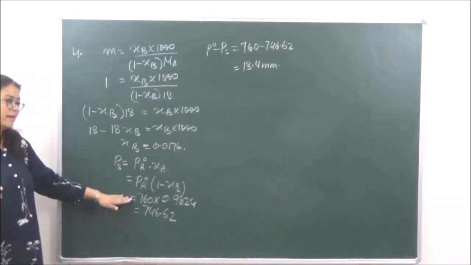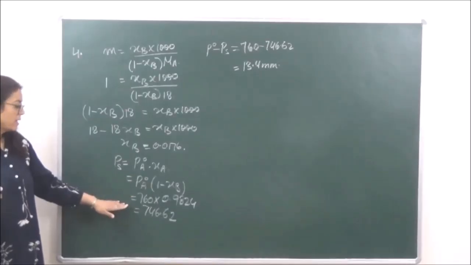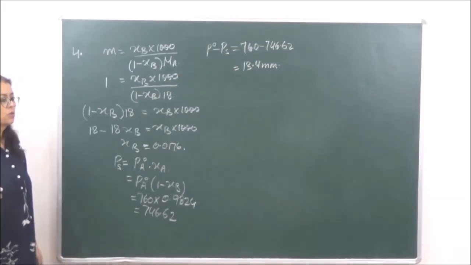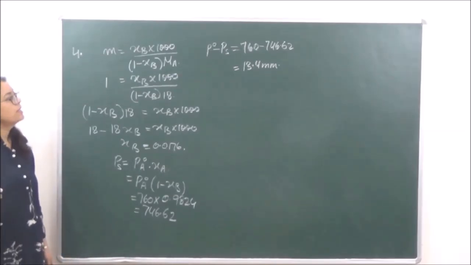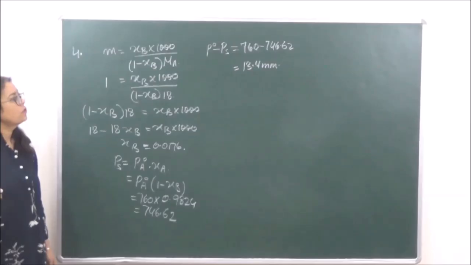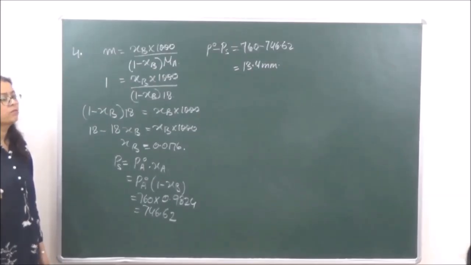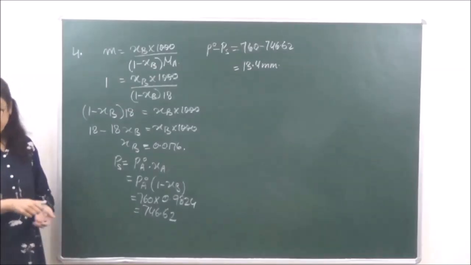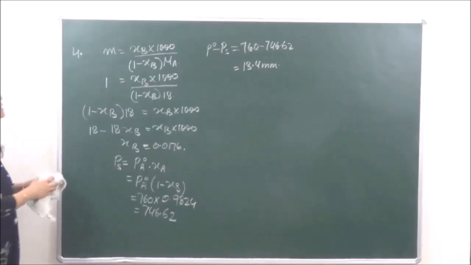PA naught is 760, into 0.9824, that comes to 746.62. So P naught minus PS comes to 760 minus 746.62, approximately 13.4. Got it? Okay. Then the last question which we are going to discuss.